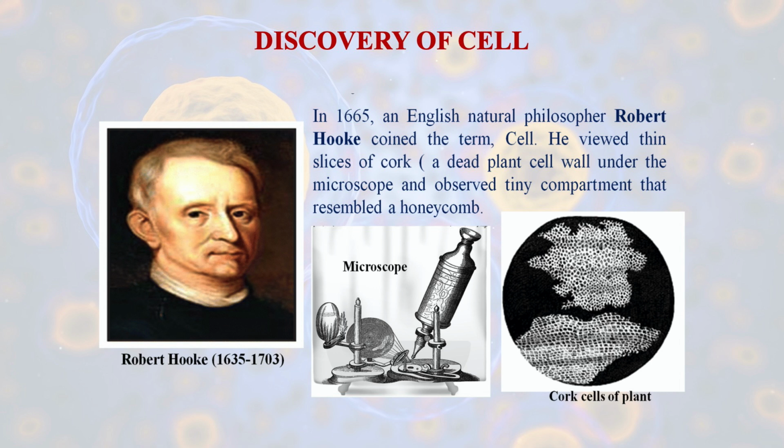Robert Hooke found tiny compartments under the microscope, which looked like a honeycomb, so he coined the term cell. This was the first step in the discovery of the cell, and the study of the cell led to the foundation of cell biology.